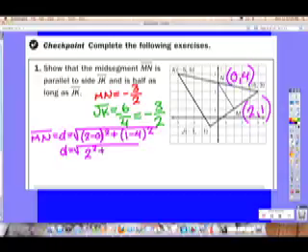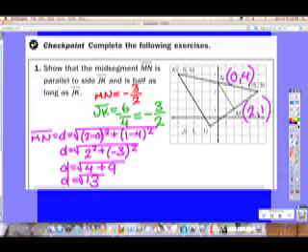Did everybody get MN yet? 3.6? Okay, I highly suggest, like Annie just did, change it to a decimal. It might be hard to decide if it's not a decimal, but she said it's 3.6. Okay, keep going. Do the same thing, but do it for JK.